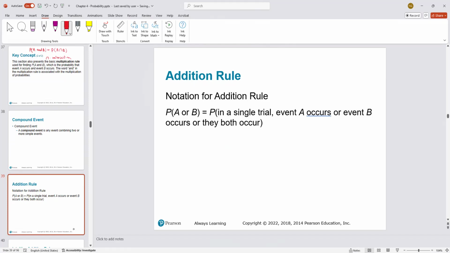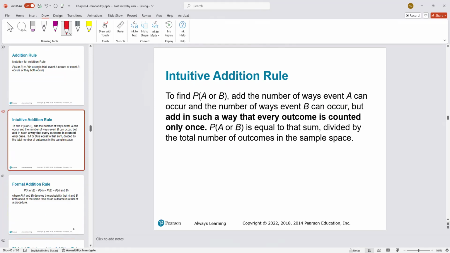The addition rule is often presented as a formula, but blind use of formulas is not recommended. Don't close your eyes and use the formula. You need to really understand the spirit of the rule and use that understanding as the intuitive addition rule that follows. Of course, we have some special addition rules also, which we're going to have a chance to talk about.